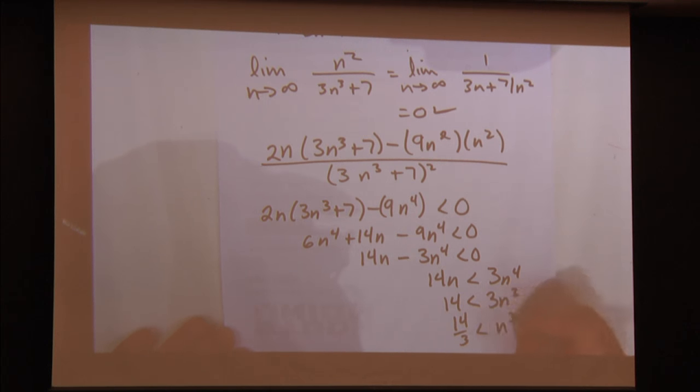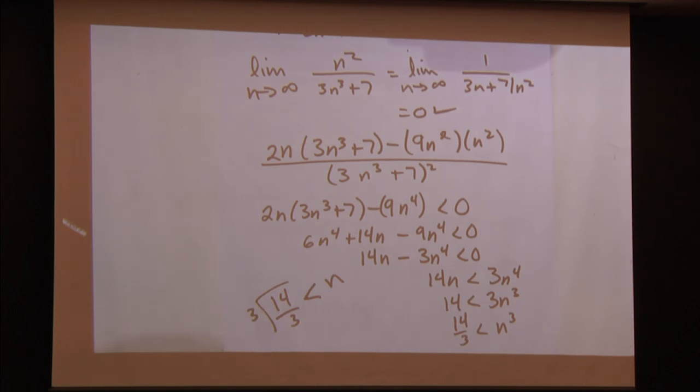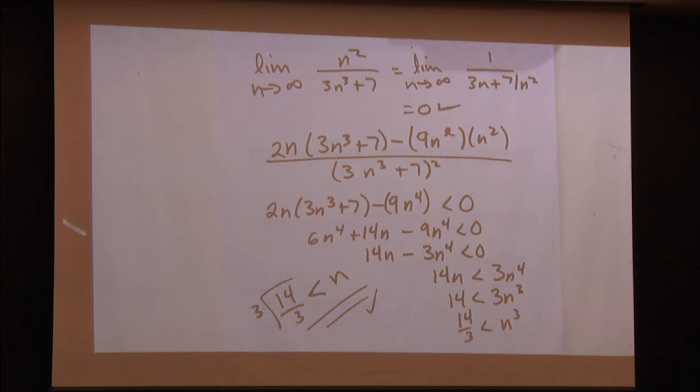So long as n is greater than the cube root of 14 over 3, we're good. It's decreasing. As it approaches infinity, it most definitely surpasses the cube root of 14 over 3. So this condition is met. It is decreasing. If it's decreasing and the limit goes to 0, then by alternating series test, our series does what? It converges. And life is good.